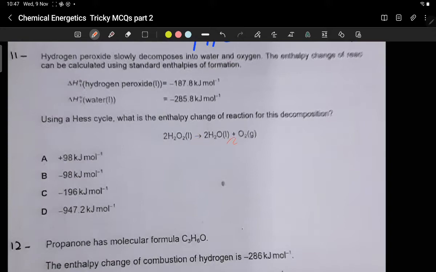H2O2 liquid and oxygen gas, hydrogen plus O2. Hydrogen peroxide is... enthalpy change of reaction. We have to find out.